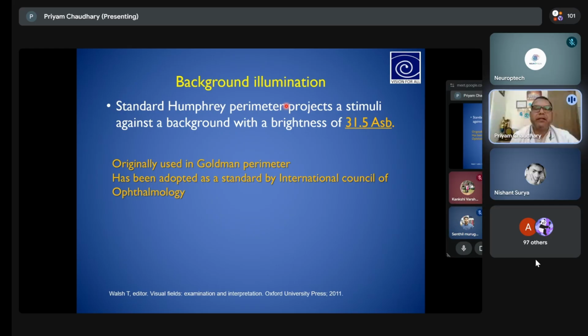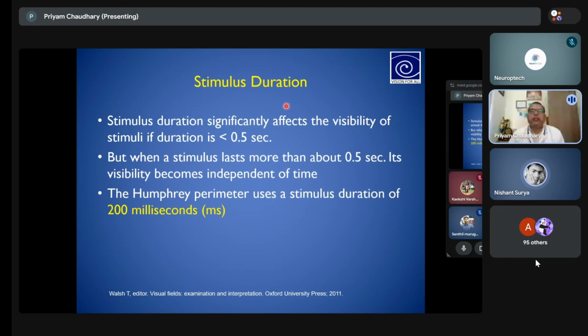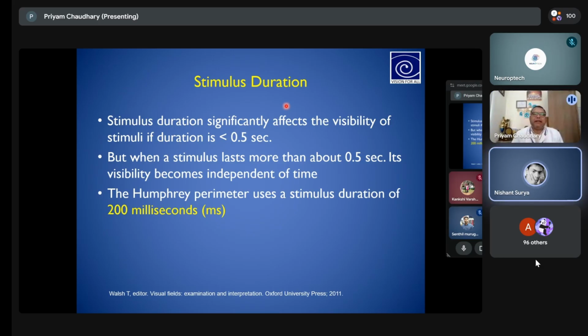Originally used in Goldman perimetry, it has been adopted as a standard by the International Council of Ophthalmology. Stimulus duration is how much time the stimulus is projected by the machine. Stimulus duration significantly affects the visibility of a stimulus if the duration is less than 0.5 seconds or 200 milliseconds.